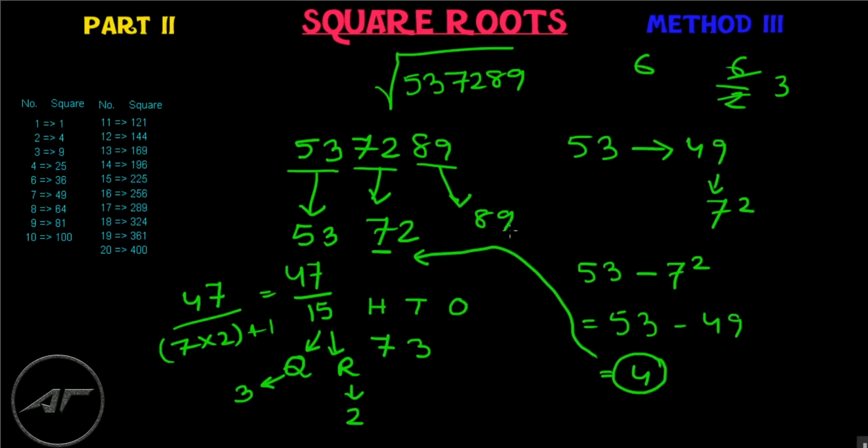And as the last digit of the number whose square root we are finding is 9, the last digit of the root can have two possibilities. It can either be 3 or it can be 7. In order to decide which one of these two digits will be placed in the ones place of the root, we will have to compare the quotient and the remainder.